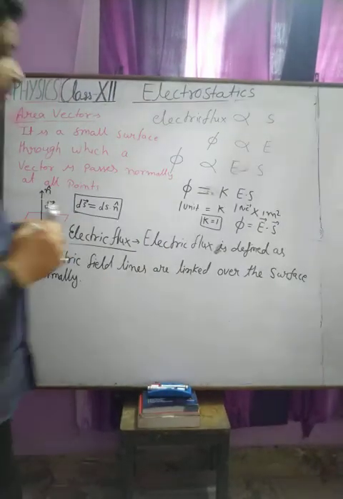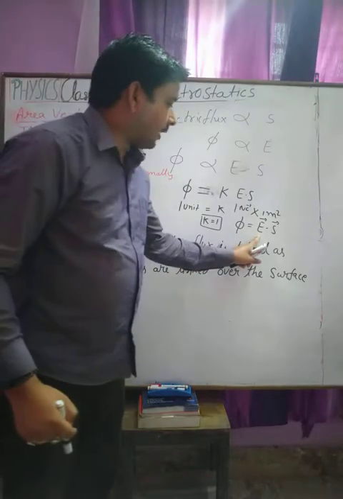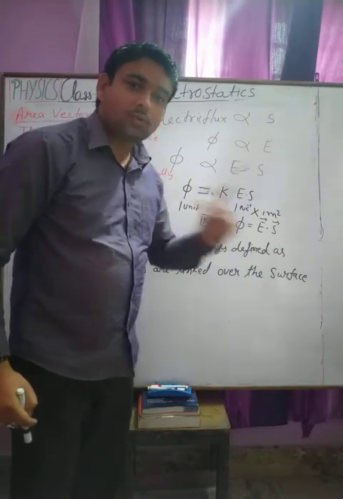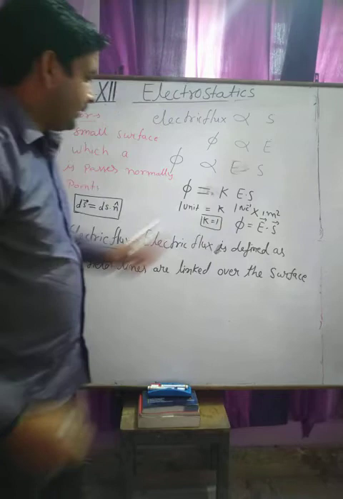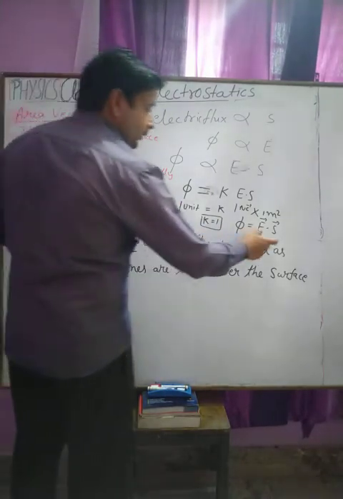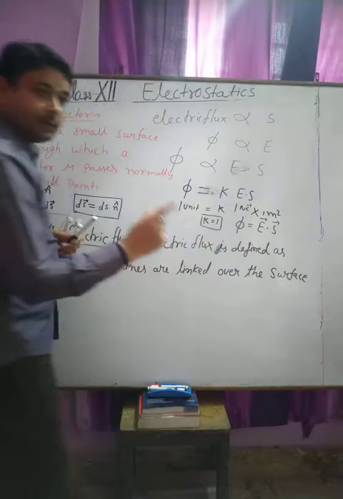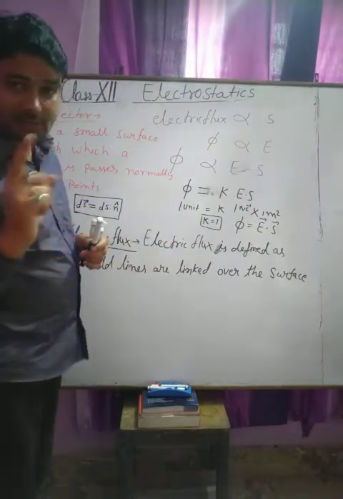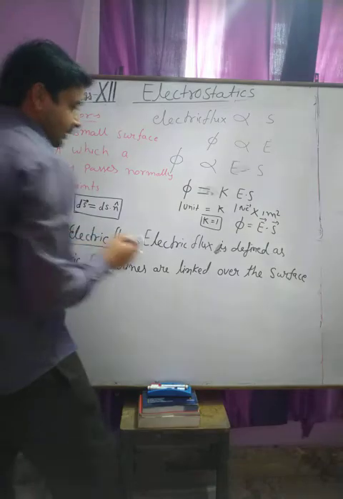Here student, electric field is a vector quantity and area is also a vector quantity. Therefore, we can define this electric flux as a dot product.